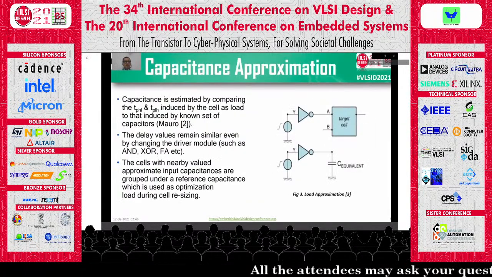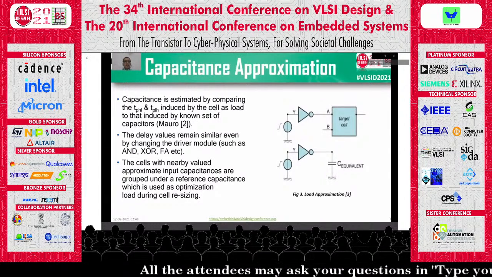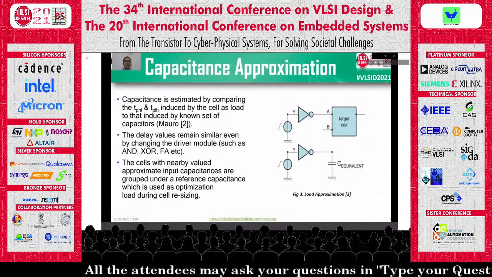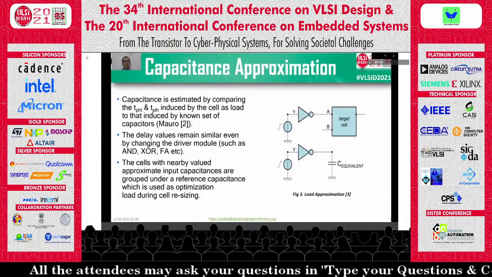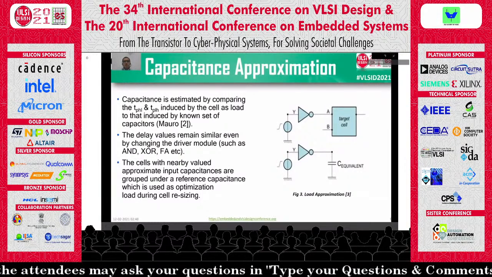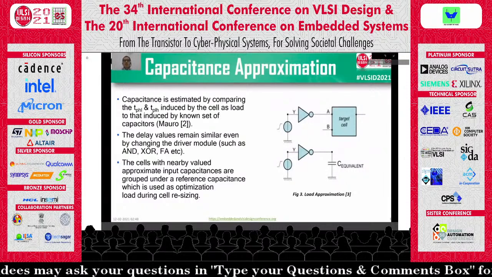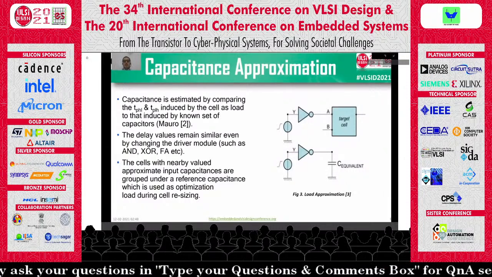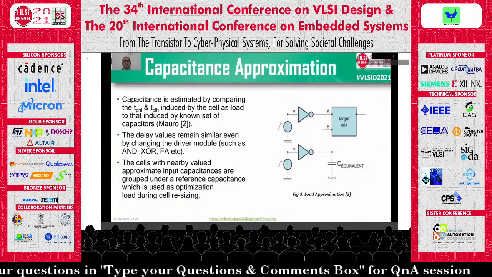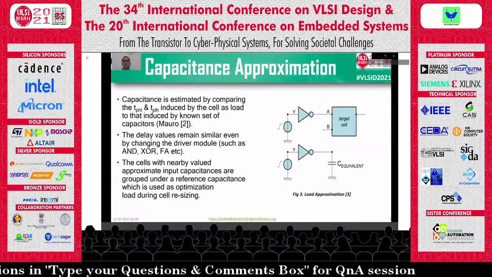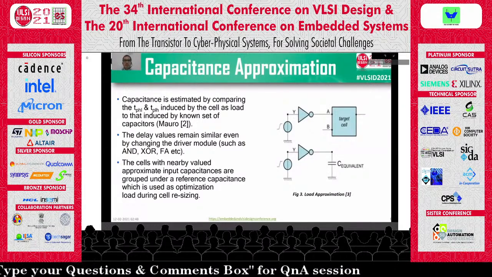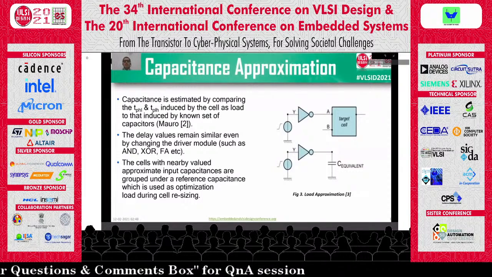Now we try to estimate the input capacitance of a particular cell by comparing the propagation delay induced by the cell as the load to that induced by a known capacitor. According to the figure, if you want to replace this target cell with its equivalent input capacitance, we need to find the delay it induces to a driving unit.